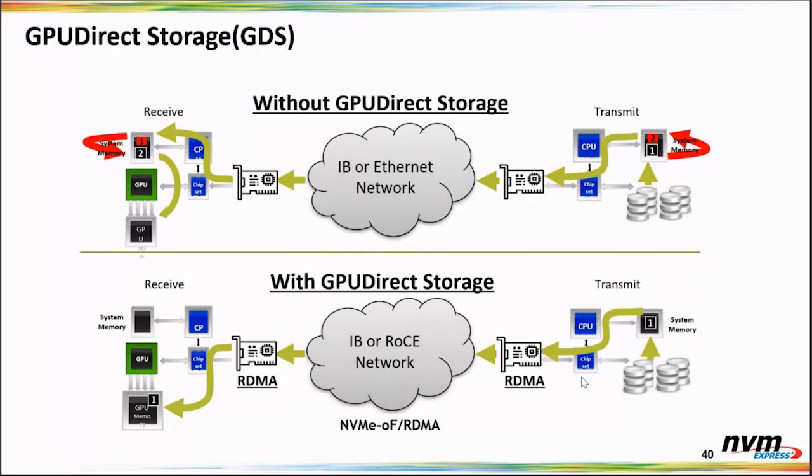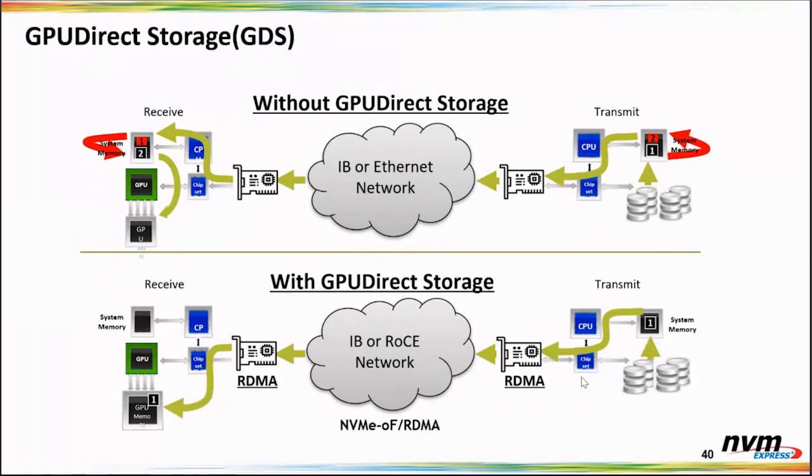Then the network adapter takes it across the network where it moves into the network stack of the GPU's host CPU, which moves it to the host memory where the artificial intelligence, machine learning, whatever the GPU application is, can now move it to the GPU memory. So there are lots of memory moves and software getting in the way of the performance.